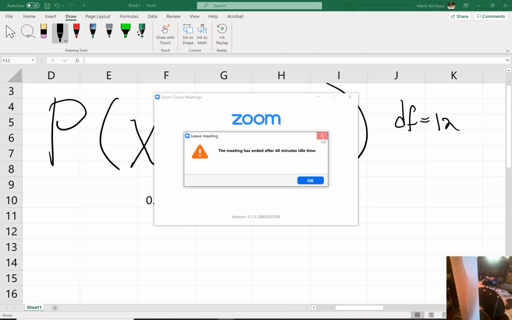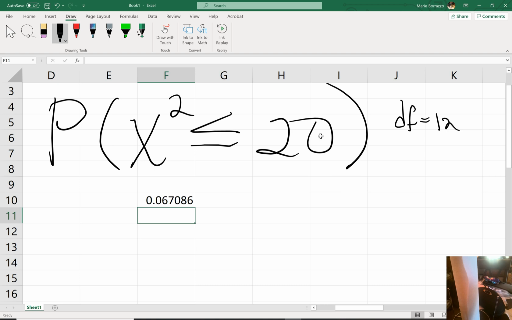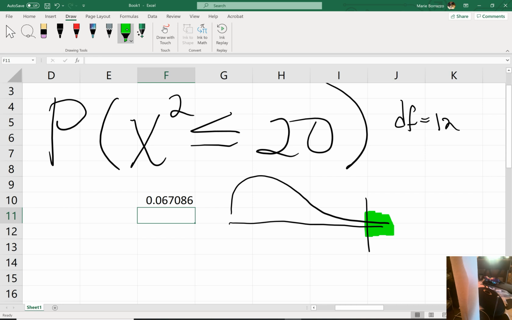In this case, the answer is 0.067. Since these are always right tail, I want you to understand that it'll always look like this as far as the chi-square distribution. That 0.067086 is over here on this side, so you have to be careful with that notation.